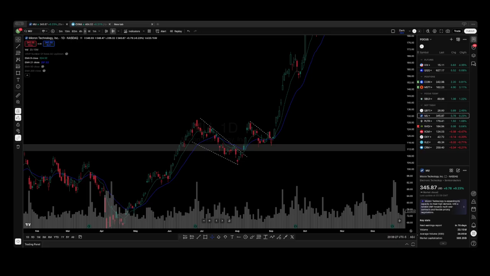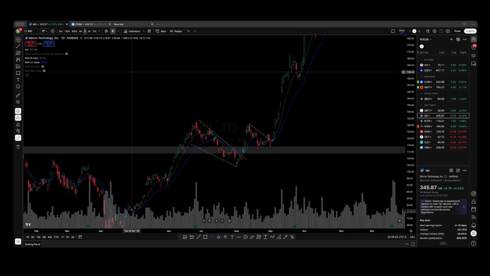However, I will say that knowing what a continuation pattern looks like is certainly important. The reason is that these continuation patterns provide you one very important insight, and that insight is compression. Compression is simply price getting super tight.